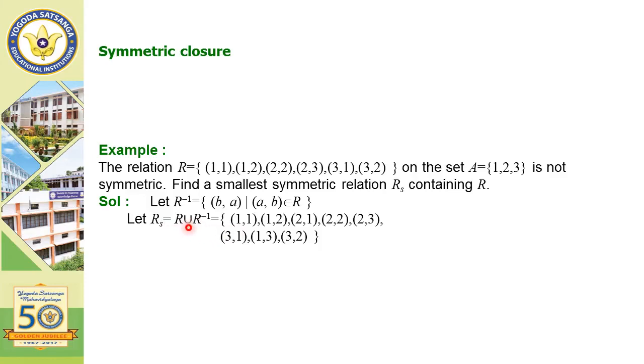Therefore R union R inverse, that means (1,1), (1,2), (2,1), (2,2), (2,3), (3,1), (1,3), (3,2). These should be the elements in the set RS. Then RS will be called the symmetric closure.